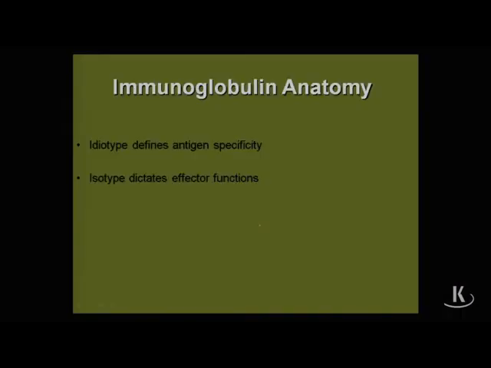Isotype is similar to the antibody class. For example, IgM is a different isotype than IgG, and IgM has different effector functions than IgG. They can do different things because their constant region is a little bit different and can dictate different effector functions.